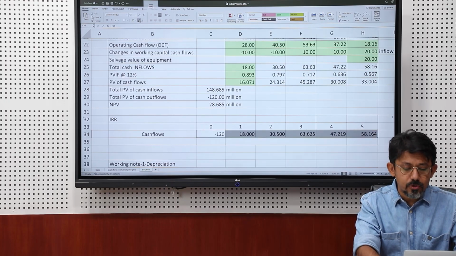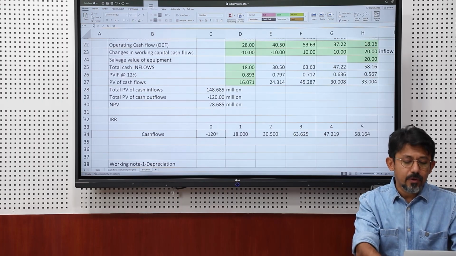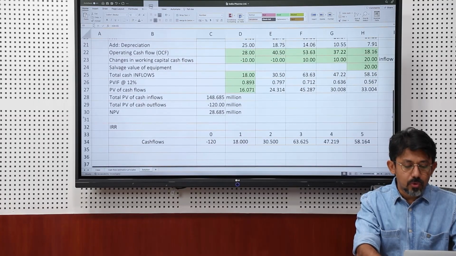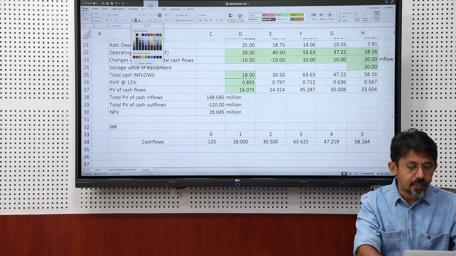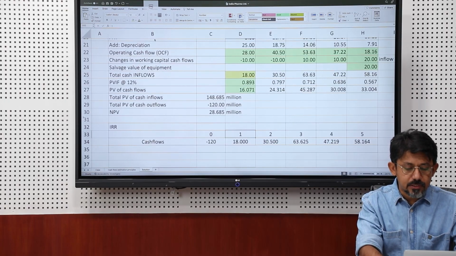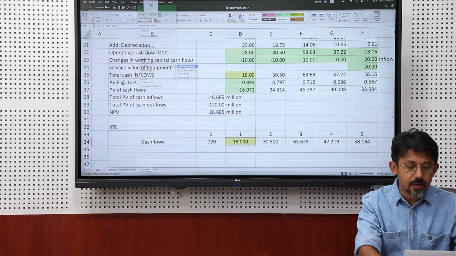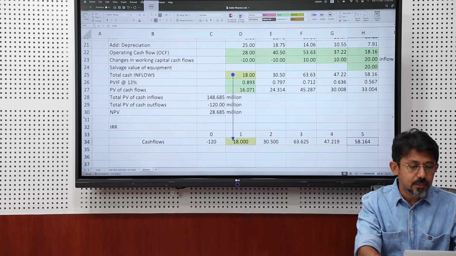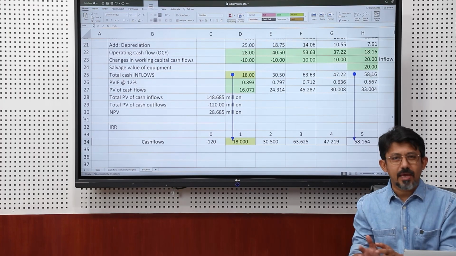Cash flows are as follows: year 1 is 120 negative, which is from step 1 over here, and year 2 is 18, that is the cash flow. Let me just highlight it in another color. So, 18 gets reproduced over here, it is the same. The cell linkage is also very clear, that is where it comes from, and 58.16 for the last year also is from the same cash flow calculation.